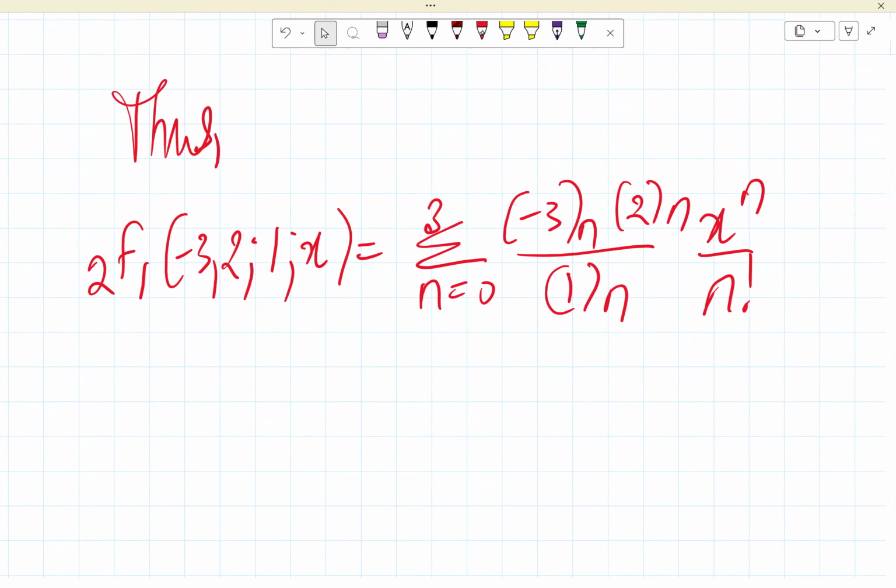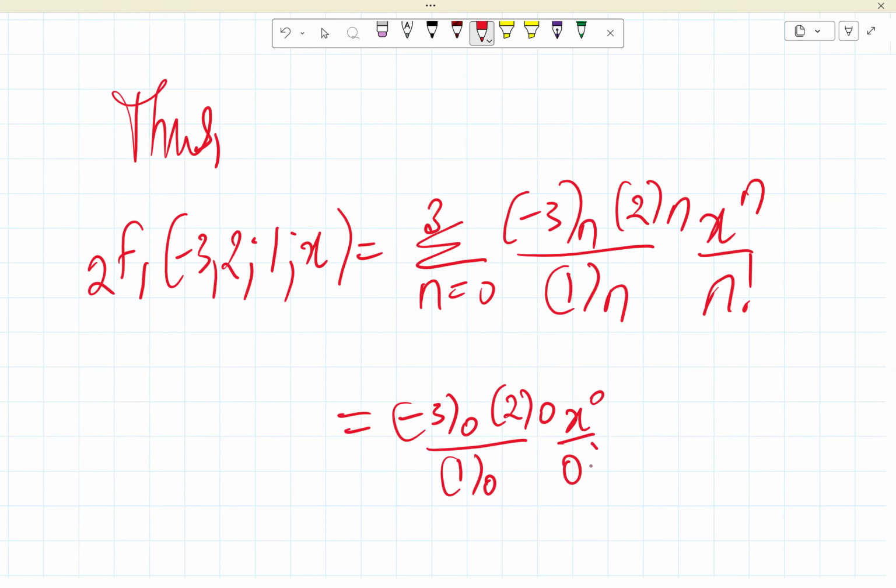So our work is cut out for us here. We just have to do this from n equals 0 to 3. So we are going to have 4 terms. The first term is (minus 3)_0 (2)_0 all over (1)_0, then x raised to 0 over 0 factorial.